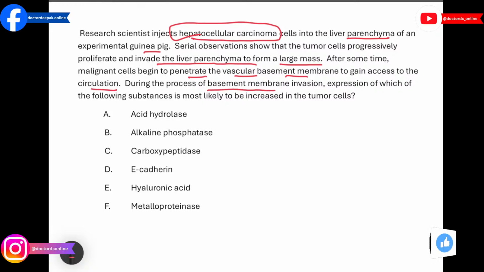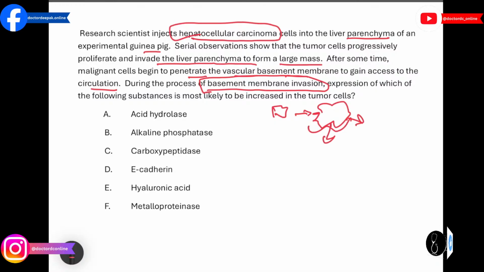During the process of basement membrane invasion, expression of which of the following substances is most likely to be increased in tumor cells? In this scenario, they inject one tumor cell, it grows in size, penetrates its basement membrane, and moves into blood vessels.